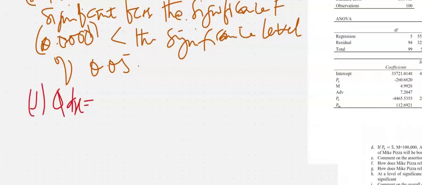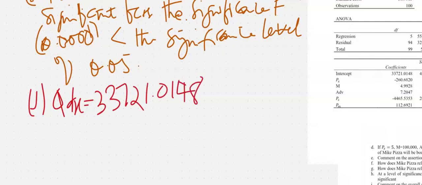We have 33721.0148, then minus 260.6820 PX. That will then be changed.